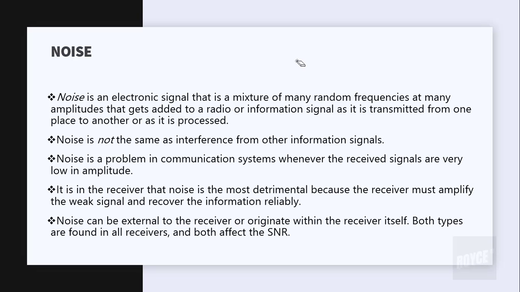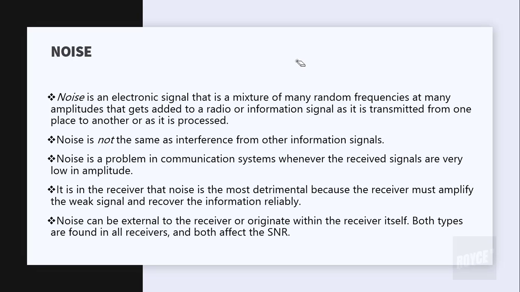Pero kapag yung noise sumakay sa receiver side, kung saan weak na yung ating information signal, yun yung medyo mahirap na. Kasi halos magkapantay na si noise at si signal. Okay? So that is mas detrimental yung noise sa receiver compared sa transmitter.